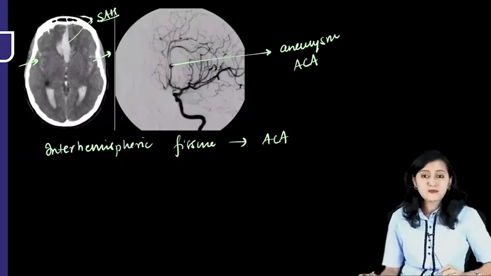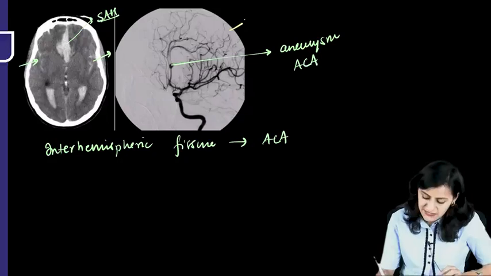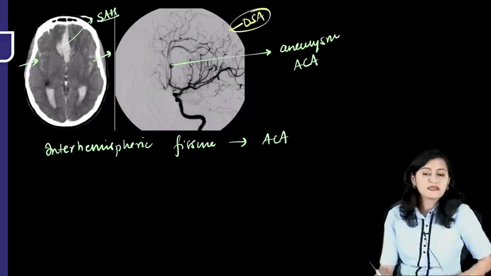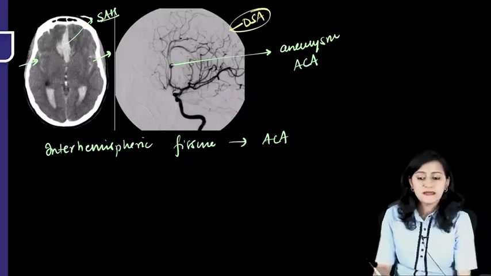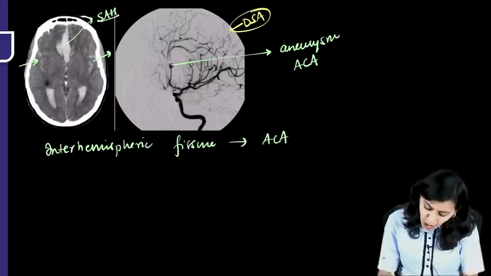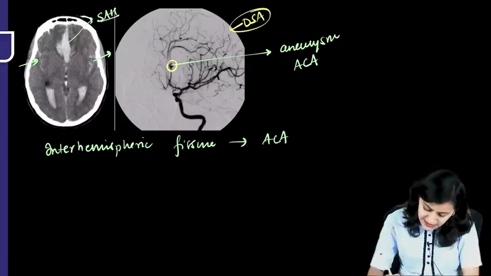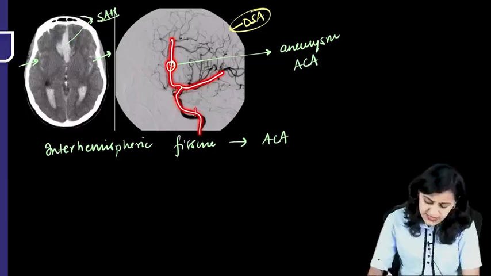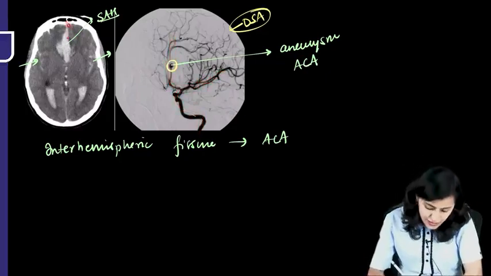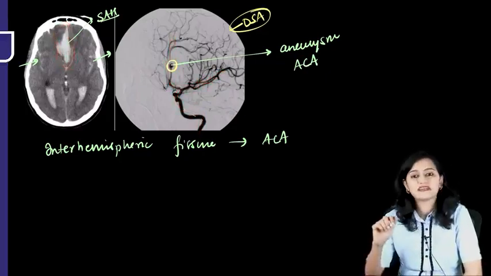Now going to the next one, what do you see in this image here? This investigation is DSA. The black vessels tell me that this is DSA. The blob of contrast here tells you that this is an aneurysm. This is the internal carotid artery which is giving MCA and ACA. So this is an ACA aneurysm. And look at the blood in the interhemispheric fissure.